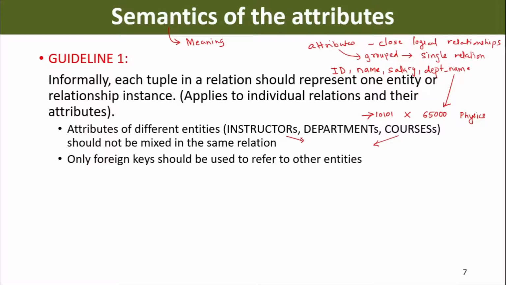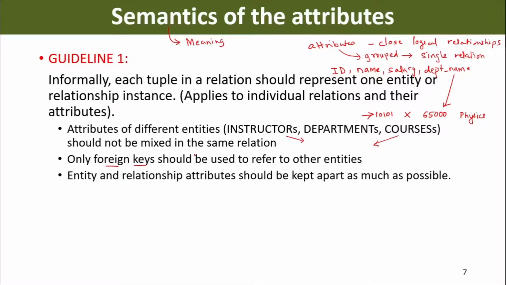If we want to relate two tables or two relations, then only foreign keys should be used to refer to other entities, right? So we should not have the redundant information stored in more than one table. Instead, we should use the foreign keys. Those will relate the entities from different relations.